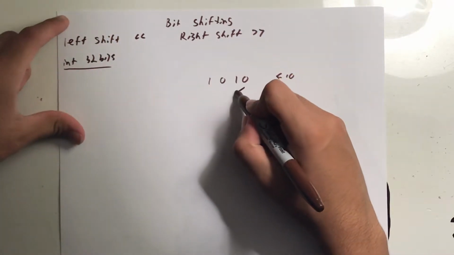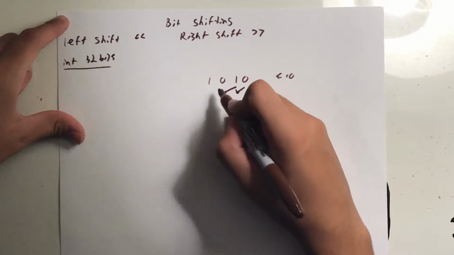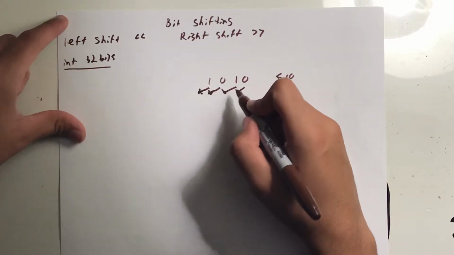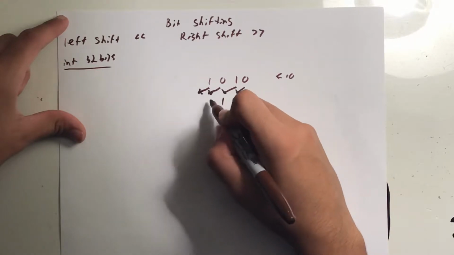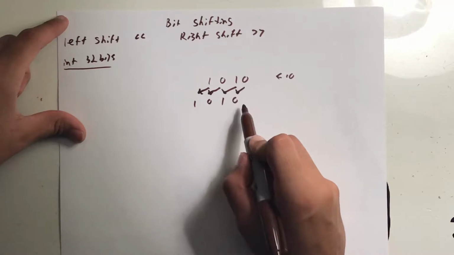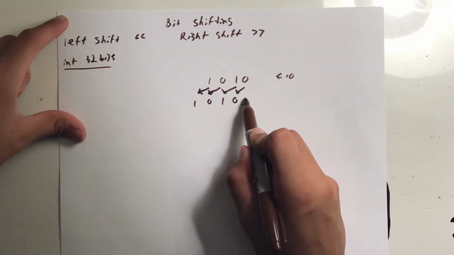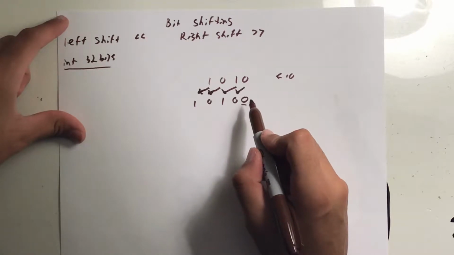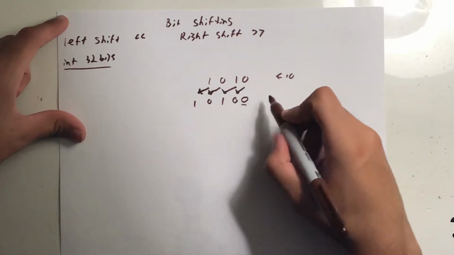So this is going to go here, this is going to go here, this is going to go here, this is going to go here. So we're going to get 0, 1, 0, 1. But what do we fill here? Well, we're going to fill that with just a 0. So now our new number is going to be 20.